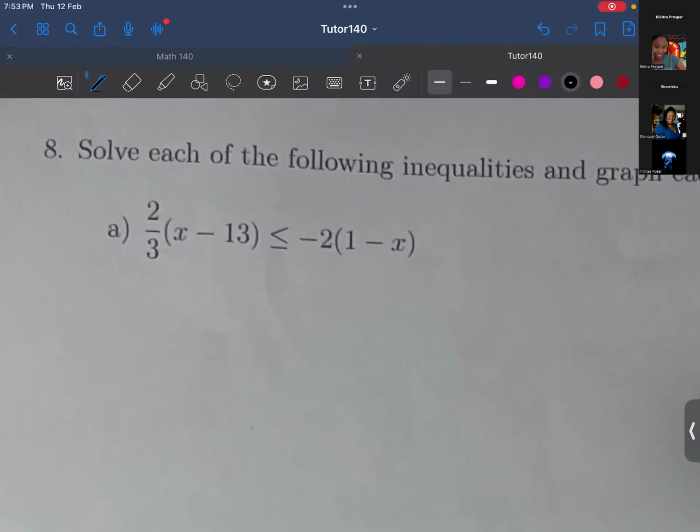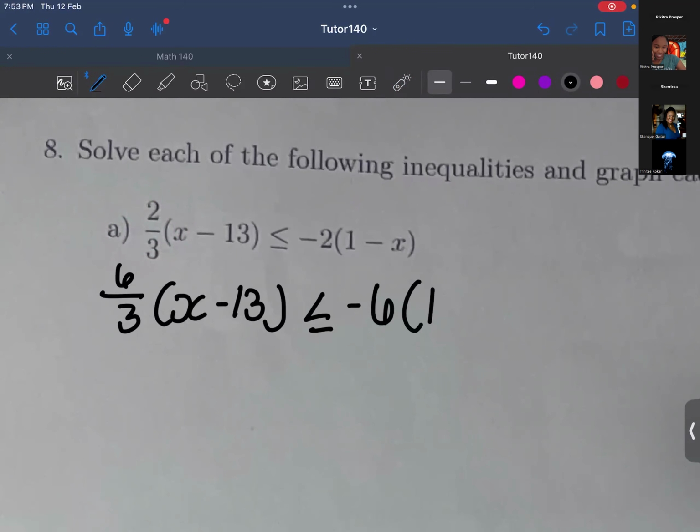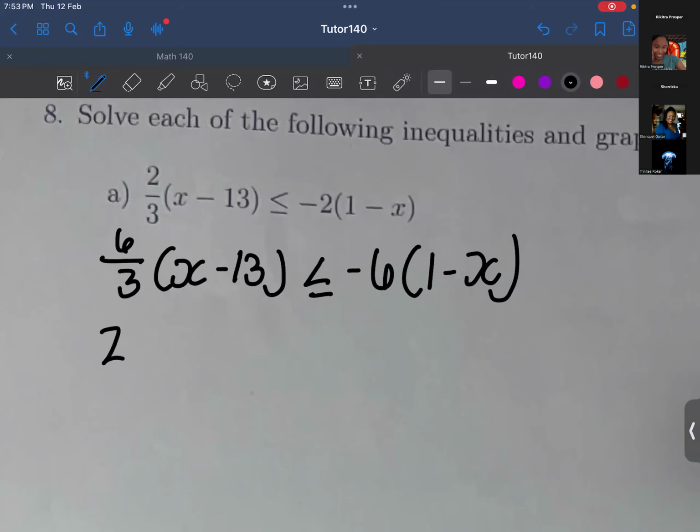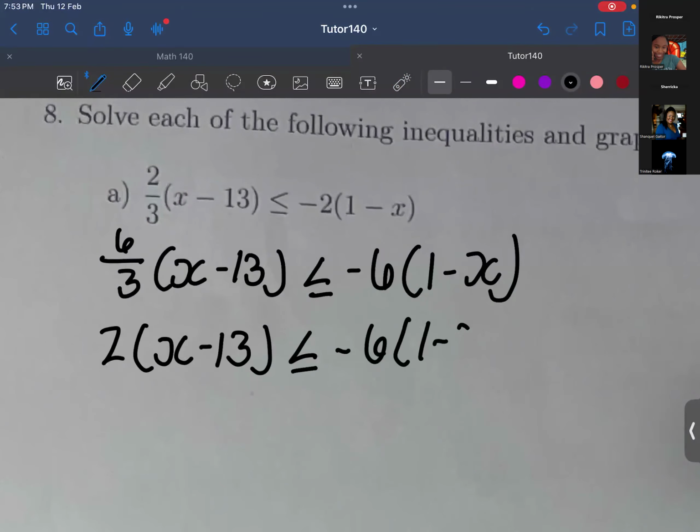So when I do that, I would get 6 over 3, open bracket x minus 13, less than or equal to negative 6, 1 minus x. So 6 divided by 3 is 2, x minus 13, less than or equal to negative 6, 1 minus x.